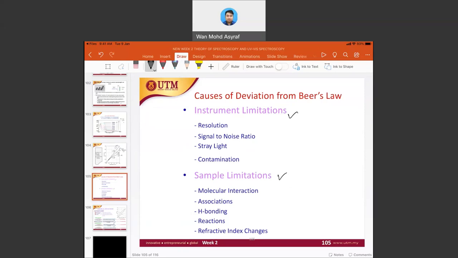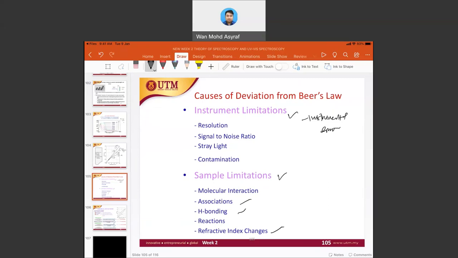All of this comes from the instrument itself, so instrumental error. How about sample limitations? Molecular interactions, associations, hydrogen bonding between the molecules, the reactions caused by the molecules, and also refractive index changes. All of this would create limitations, either positive deviations or negative deviations.